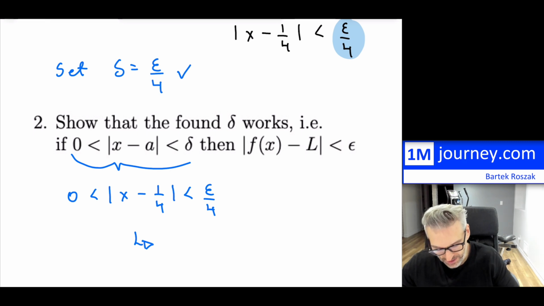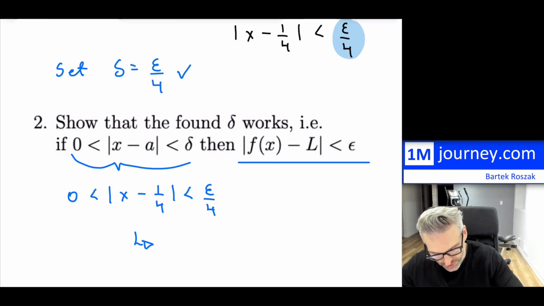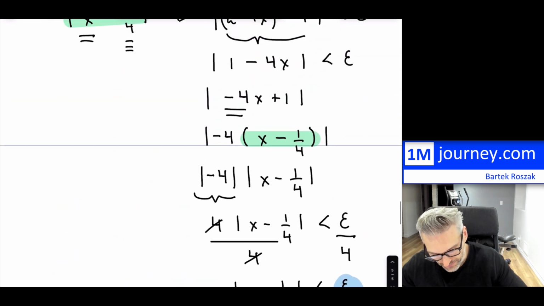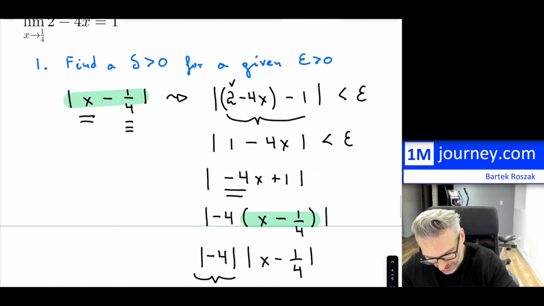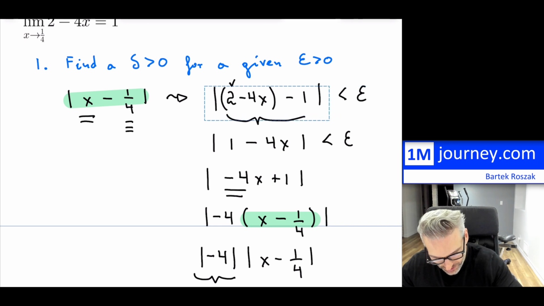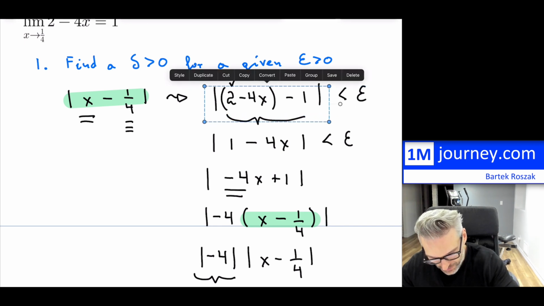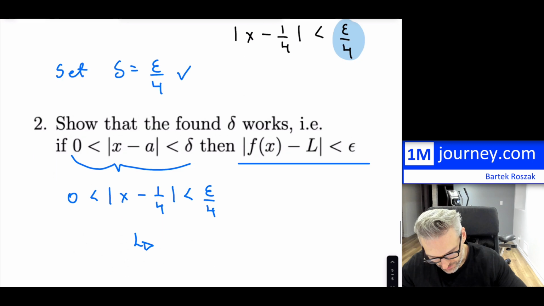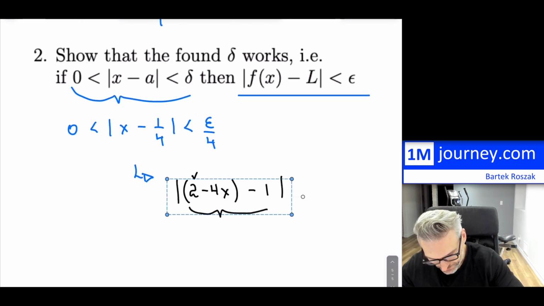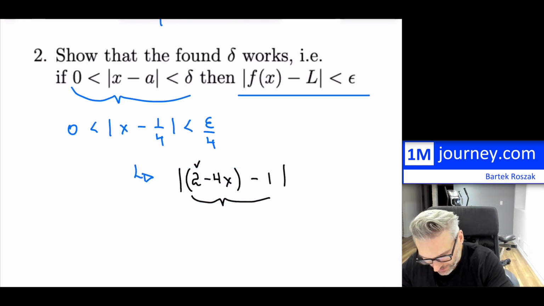Does this imply that this is true? We've done this already, so again, I can copy this down right here, put it back in here, and clean this up a little bit.